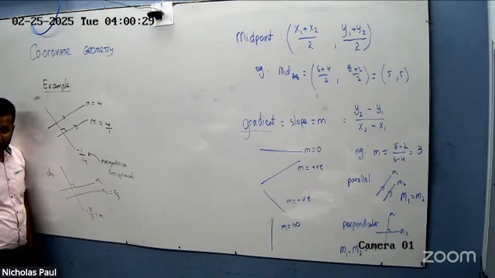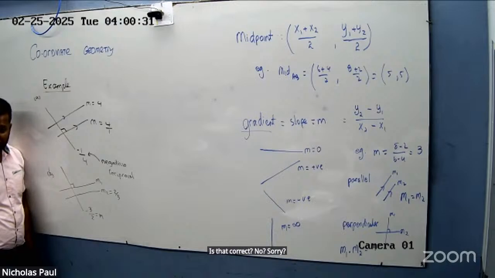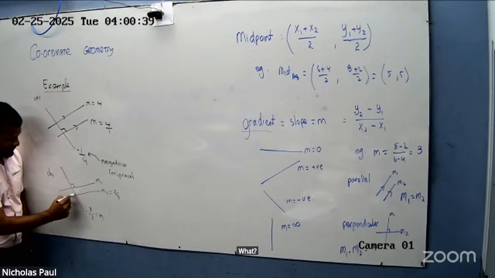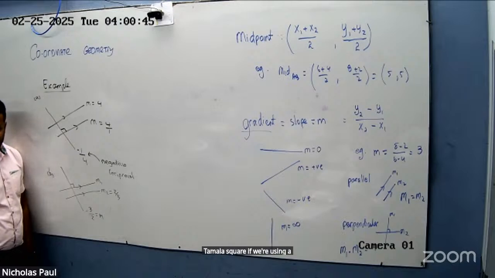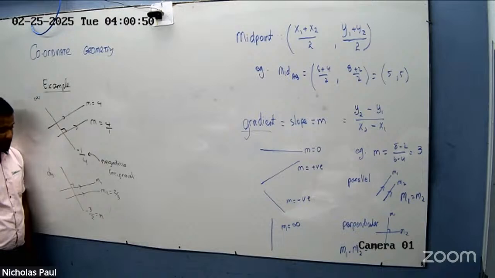Sorry? What? What's that? M of a square. What do you see in a square? That's not how square. Right? So the value is 2/3, right?